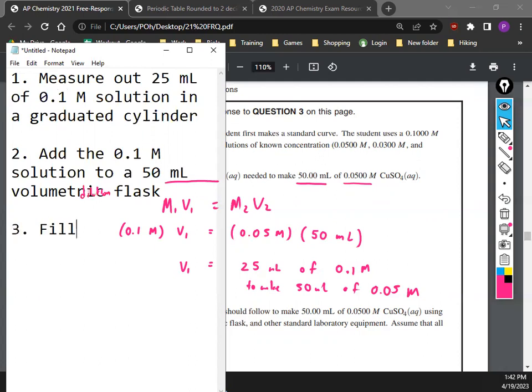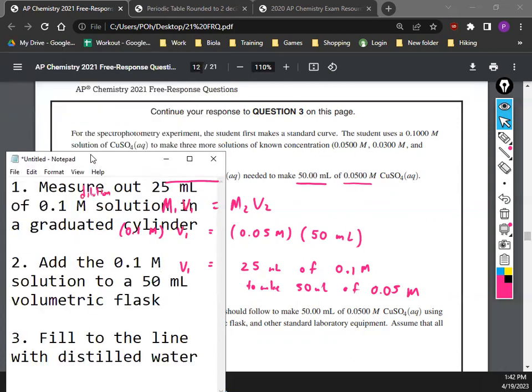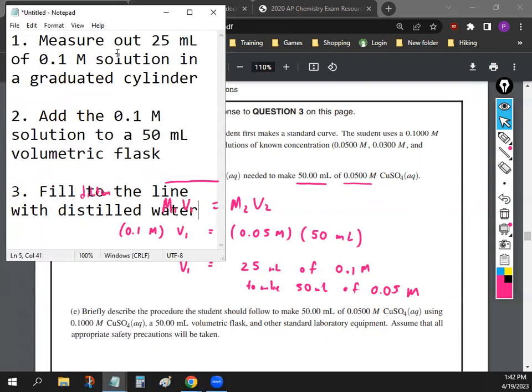And then you can just write fill to the line with distilled water. That's it. Yeah, you want to say distilled water. Add some and swirl it, that's if you have a solid. This one's already a solution, so you don't need to swirl or anything because it's already a liquid. So these are a lot better just because it's already dissolved for you.